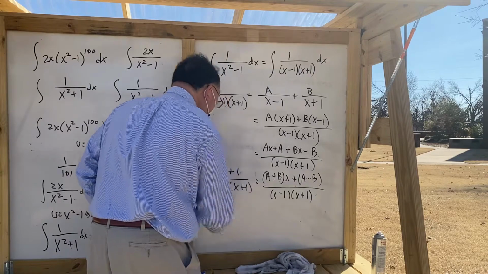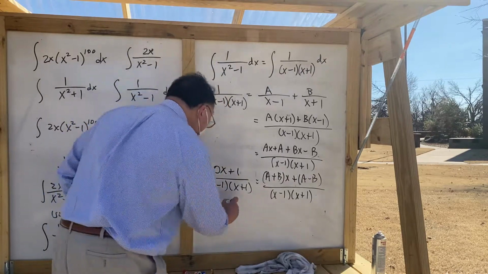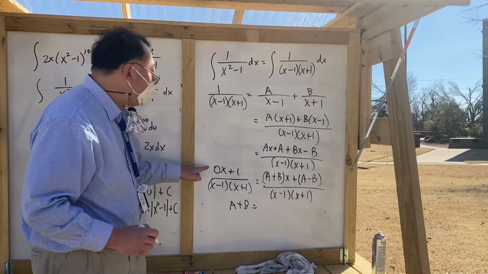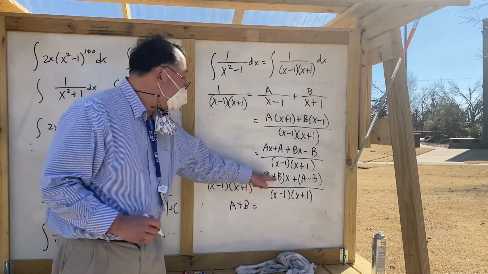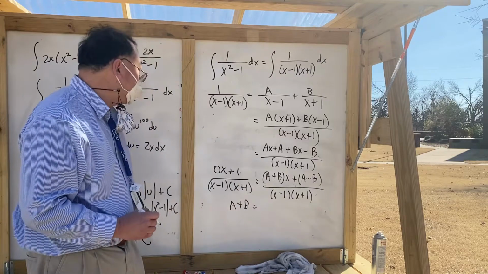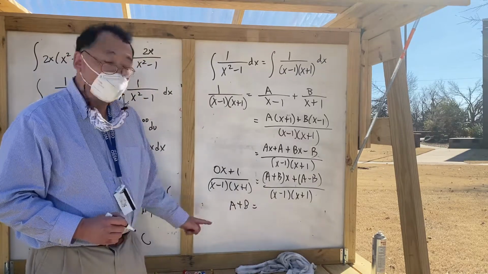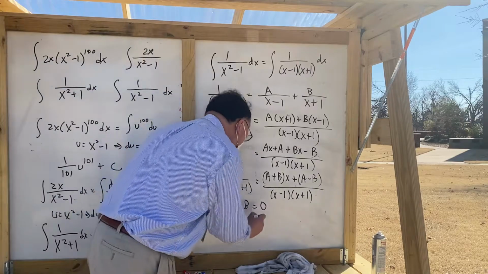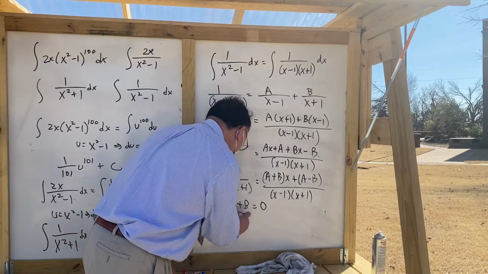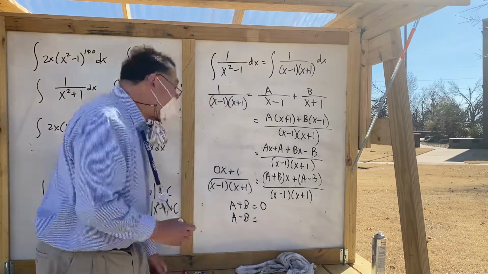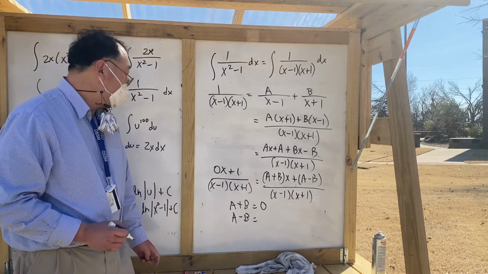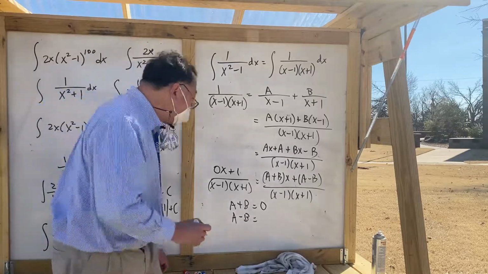That tells me that a plus b is equal to what? If 0x equals a plus b times x, then a plus b is equal to 0. What's a minus b? A minus b is equal to 1.